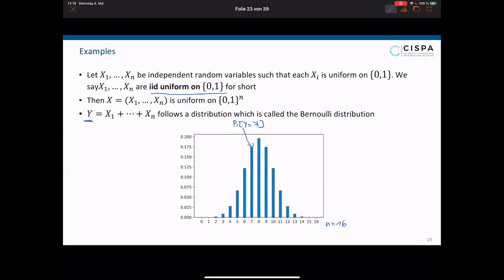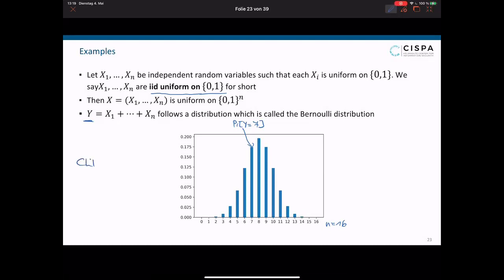Why does this look like a normal distribution?